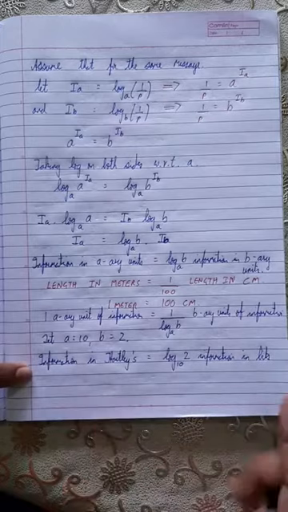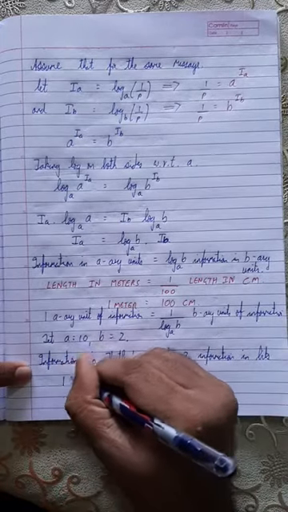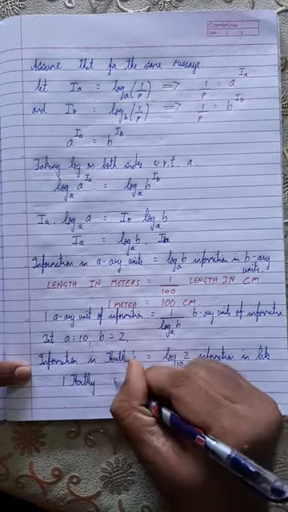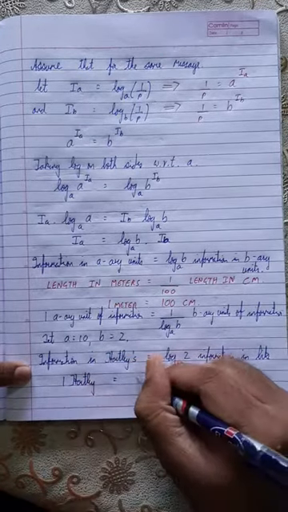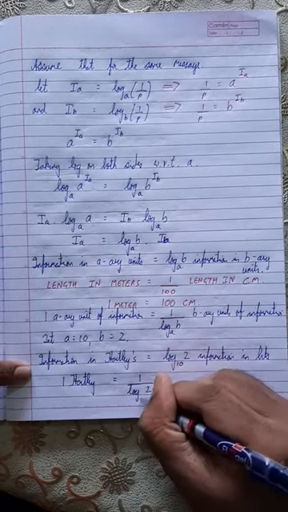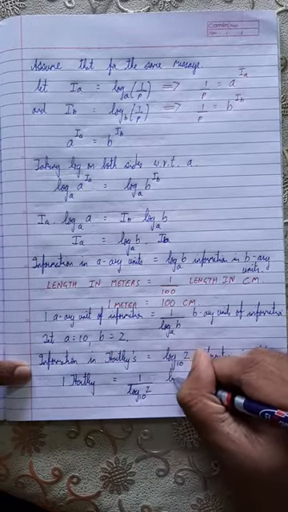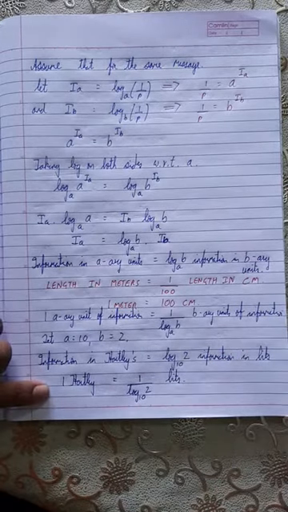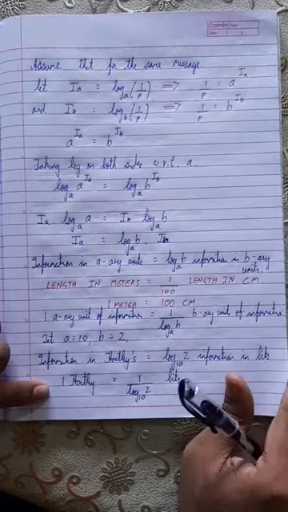Okay, so in that case, what is 1 Hartley equal to? 1 Hartley is equal to 1 by log 2 to the base 10 bits. And what is 1 by log 2 to the base 10? Let me see.